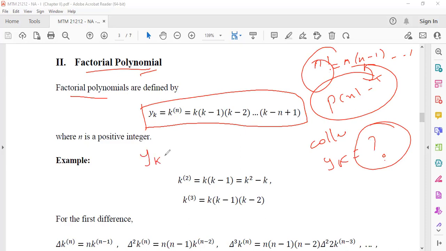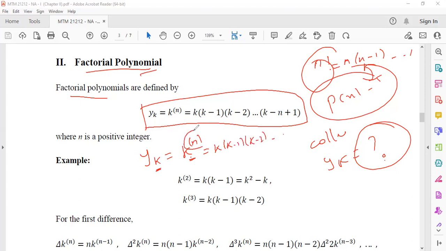So yk is equal to k to the power n, which is also written with the notation k of n. So if it is k, it is k to the power n. For example, k to the n means k into k minus 1 into k minus 2, and so on.